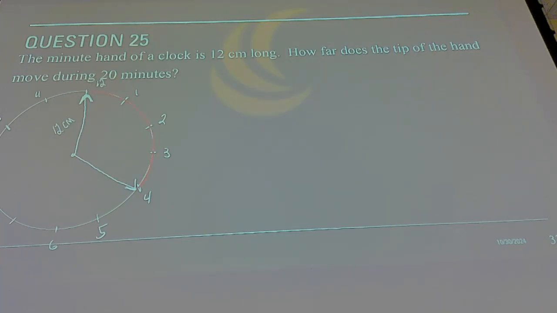There's 360 degrees, but I want radians. So there's 2 pi radians in the circle, divided evenly into 12 units. 2 pi over 12 is 1/6. Each tick represents pi over 6 radians. This would then be 4 pi over 6, which is 2 pi over 3. That angle represents 2 pi over 3 radians.